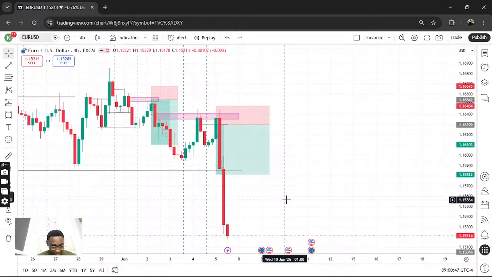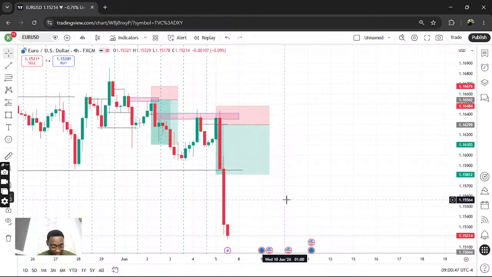Once you confirm the direction of the market from daily time frame, and also know your weekly bias, what you are expecting from the week, then the next thing is to go to hourly time frame and then use order blocks created in hourly time frame to enter trades. Now I'm going to show you how you can do that. It is very easy.